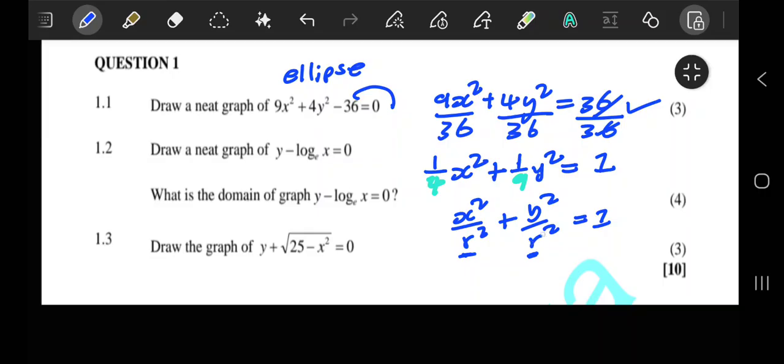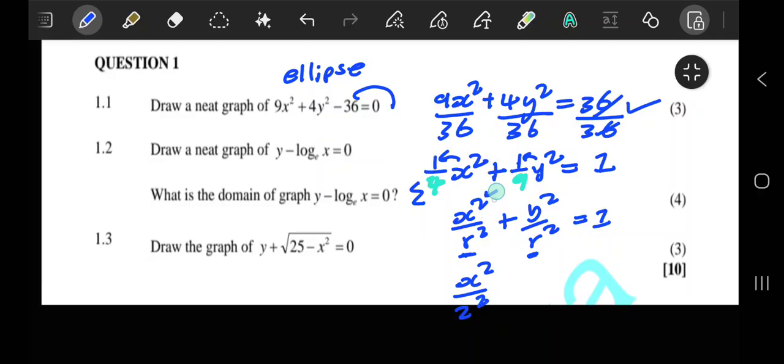So we have to express it in this format. Don't worry, the y can go to the top. If I write it in this format, we'll have x squared over, we have to express 4 in terms of r squared. You know 4 can be written as 2 raised to the power of 2.